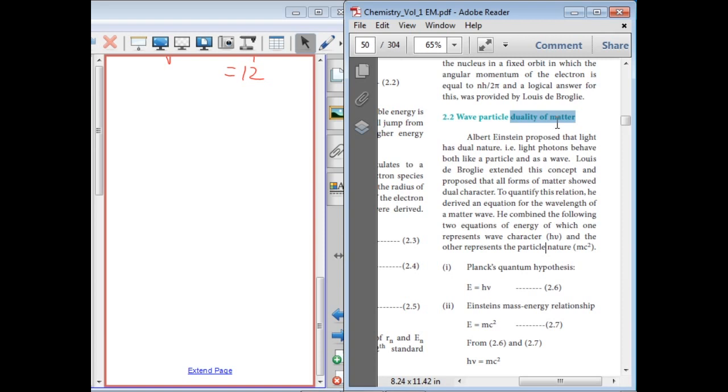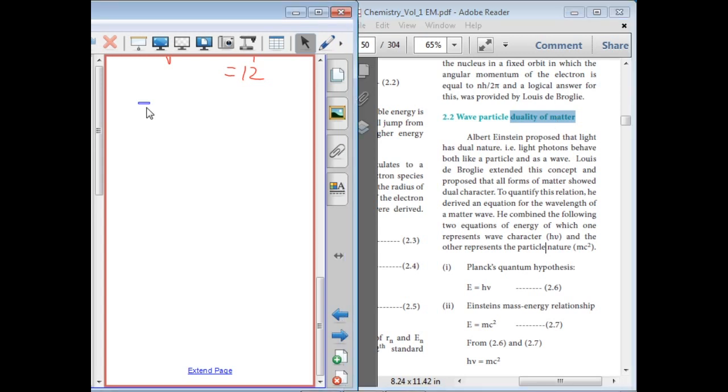So what is a particle? A particle has mass and energy. For example, electron, proton, and neutron. So what is a particle? A particle has mass.